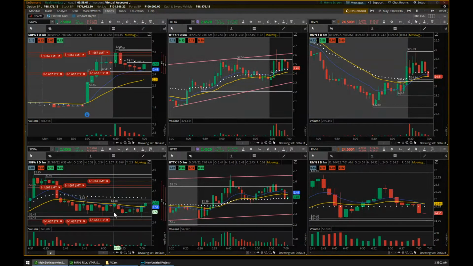All right, so what we're getting ready to see here is the first 15-minute candle to make a new high. And that is, oh God, I have so many lines. Let's get rid of that line. It's right there, 260. Okay, coming up to the VWAP.